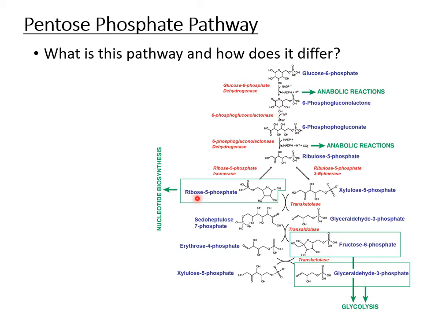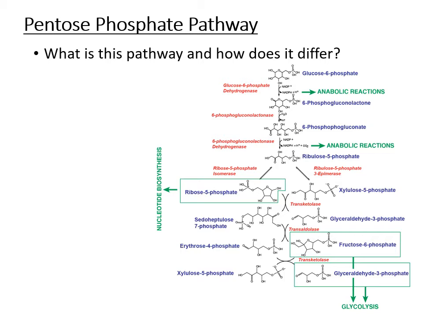And that's really important because that means that the pentose phosphate pathway goes toward building nucleotides, okay? Because as you know, DNA and RNA rely on ribose or the derivative deoxyribose. Another important difference is that a big part of the pentose phosphate pathway is the production of NADPH, as opposed to NADH.